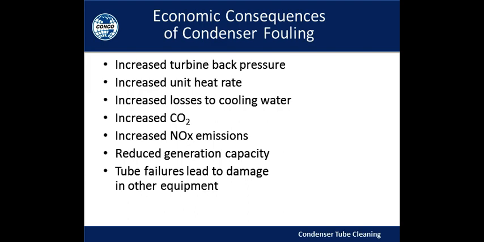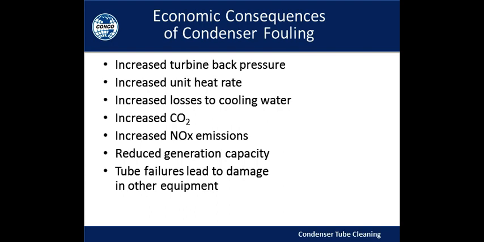So some of the economic consequences of condenser fouling are listed here. You may also use these as indicators to investigate what's happening in the condenser. You have an increase in turbine back pressure or unit heat rate. The cooling water is being discharged at an inefficient rate or temperature.